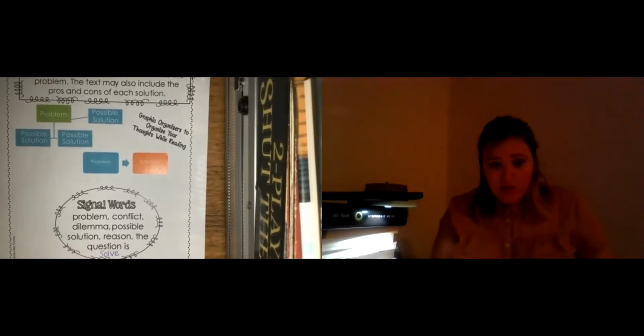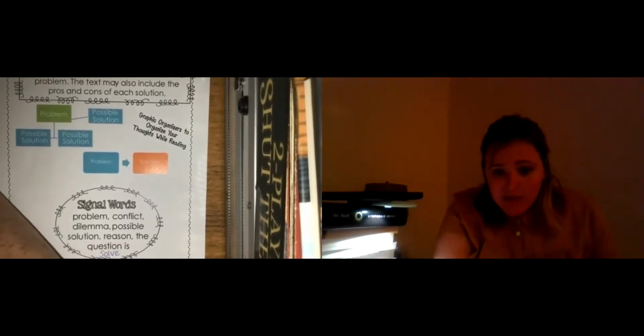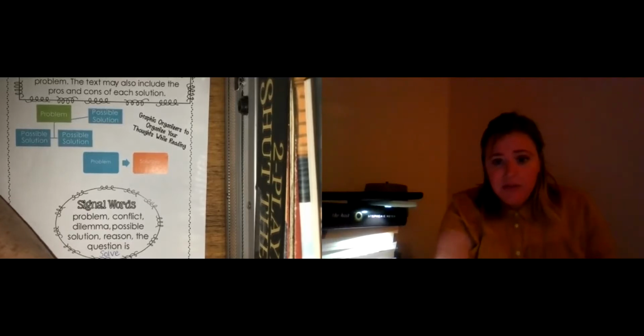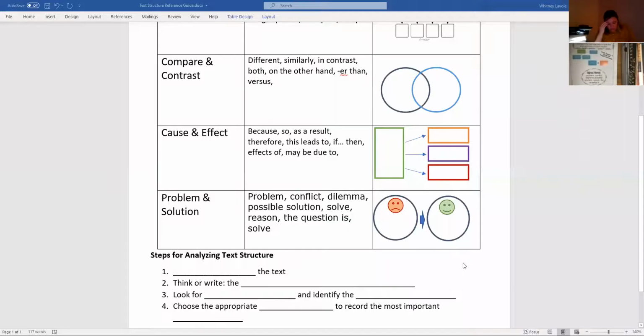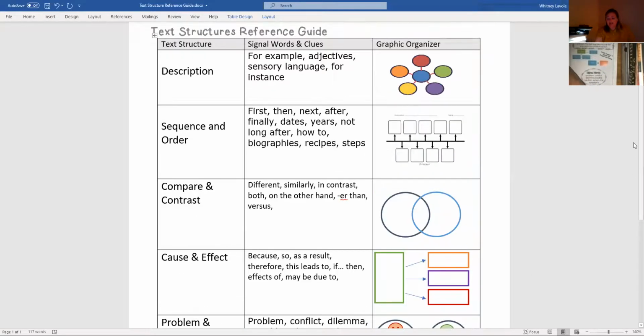All right, so now you're going to be able to use this resource to do those assignments. It's going to help you identify the text structure of an informational or nonfiction text. Okay, this is super important. I told you all that knowing how to summarize is the most important strategy, whether you're reading fiction or nonfiction.